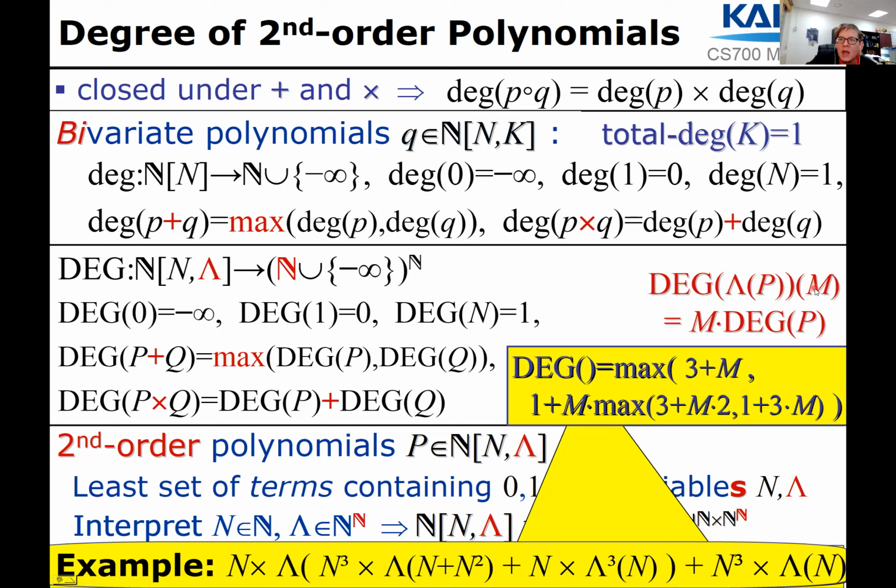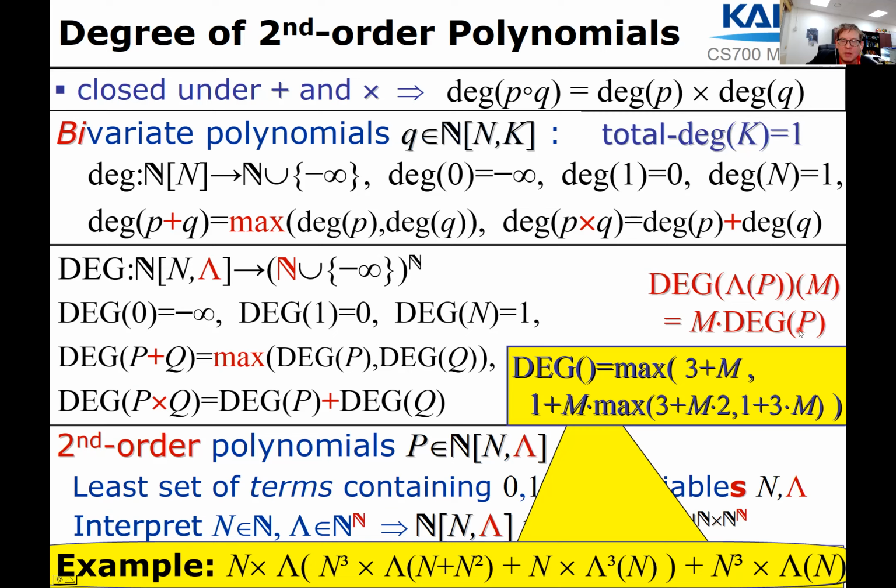So m is a natural number here, and we apply the second order degree of the polynomial, which is a function of natural numbers, to the natural number argument m and obtain a new value. This value is defined by structural induction to be m times the degree of the original second order polynomial. Okay.